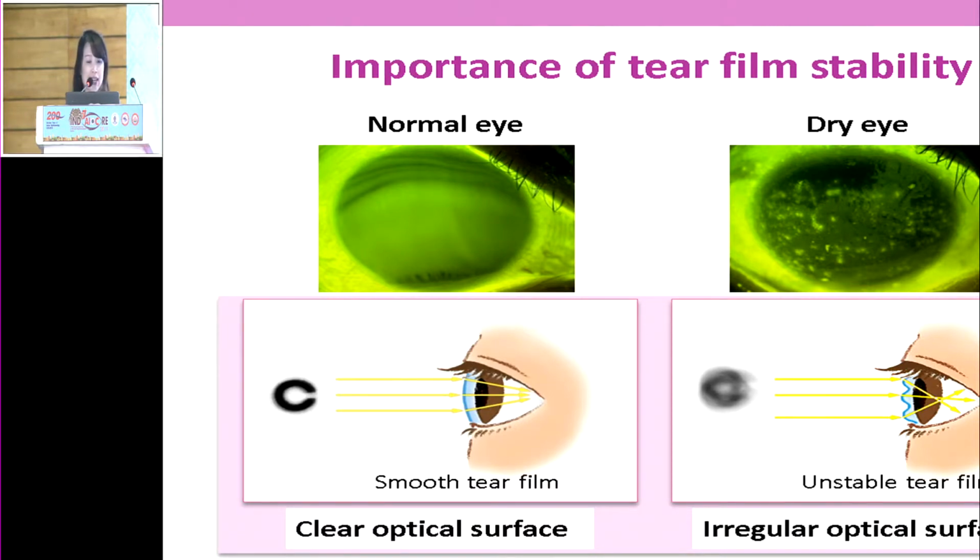In a healthy eye, a smooth tear film is formed by every single blink to create a clear optical surface. But if the tear film evaporates or exposes the irregular ocular surface, it results in an irregular optical surface which compromises the visual function.